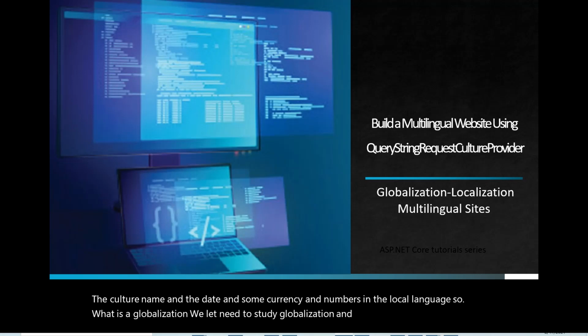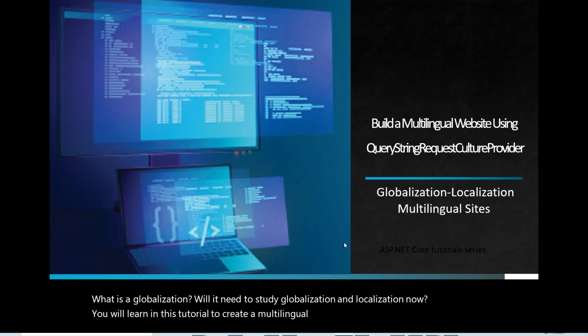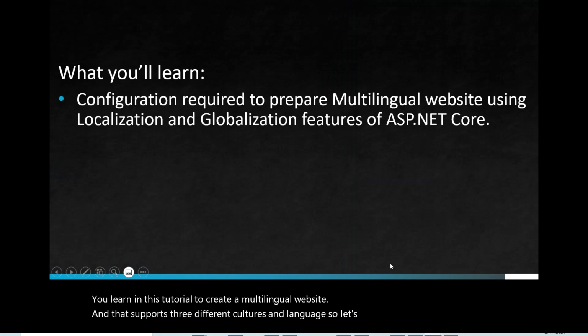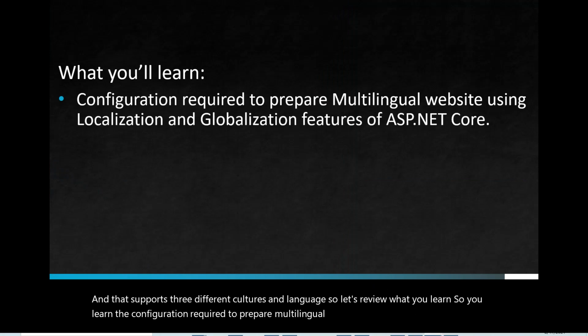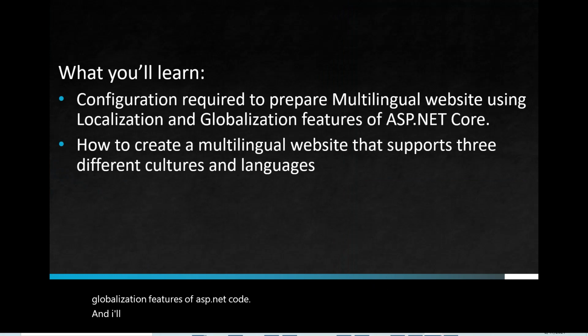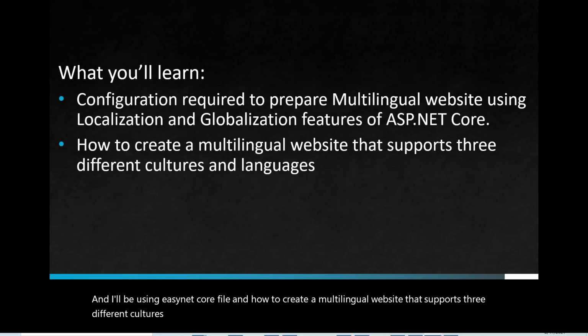In this tutorial you will learn to create a multilingual website that supports 3 different cultures and languages. So let's preview what you will learn: the configuration required to prepare a multilingual website using the localization and globalization features of ASP.NET Core. I will be using ASP.NET Core 5, and I can extend it to 4 languages or any number of languages.